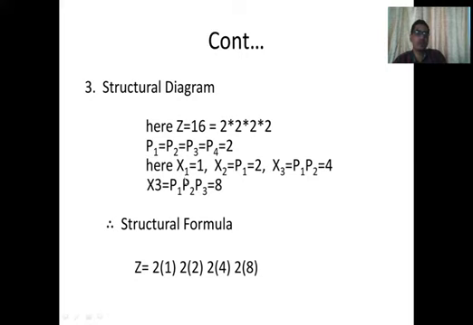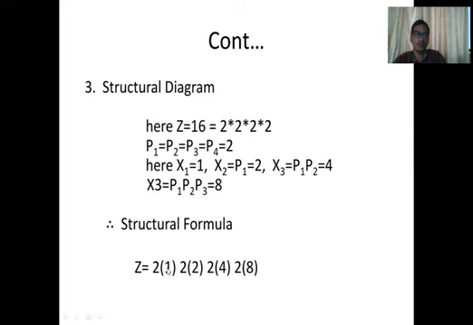Our first value x1 is equal to 1 always, x2 is equal to P1, x3 is equal to P1 into P2, and x4 is equal to P1 into P2 into P3. If you take the product of P1, P2, it will be 2 by 2, 4. P1, P2, P3, 2 by 2 by 2, 8. So here x1 equal to 1, x2 equal to 2, x3 equal to 4, and x4 is equal to 8.